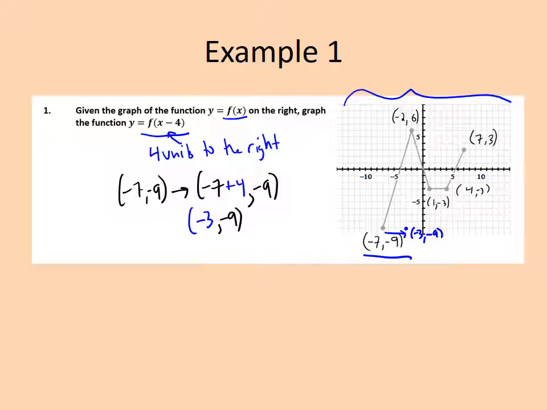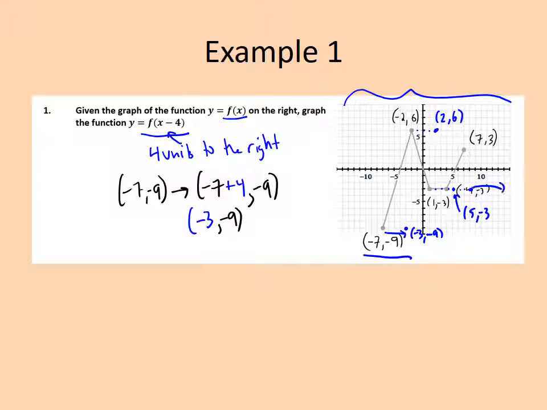The rest of the coordinates, we're just going to move them by counting. So we have 1, 2, 3, 4. So this new coordinate is 2, 6. 1, -3 goes over 4 units. So 1, 2, 3, 4. So now we have 5, -3. And then 4, -3 goes 1, 2, 3, 4.